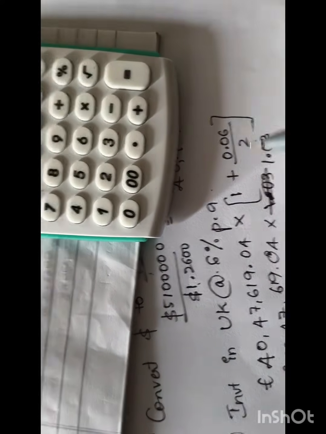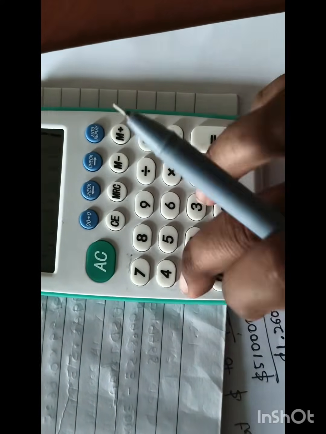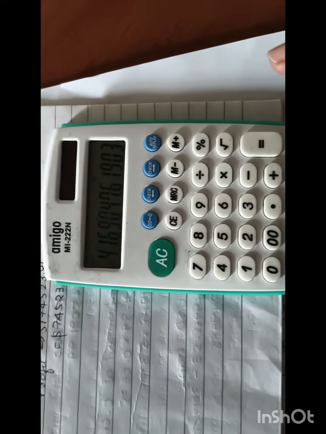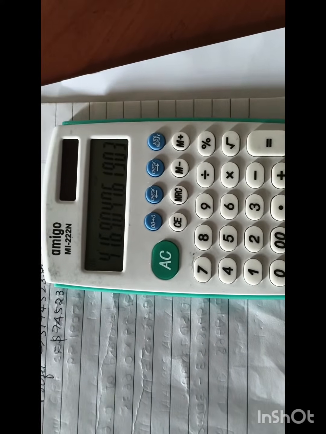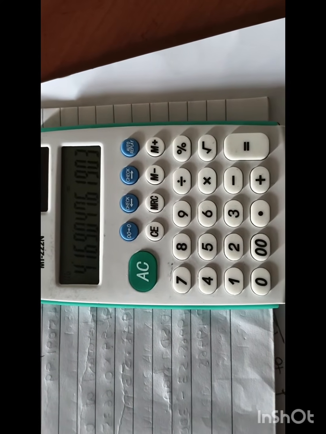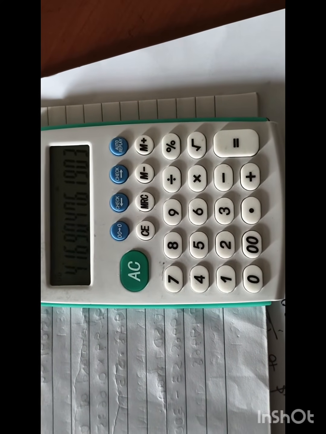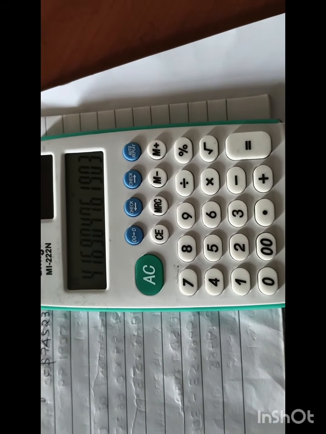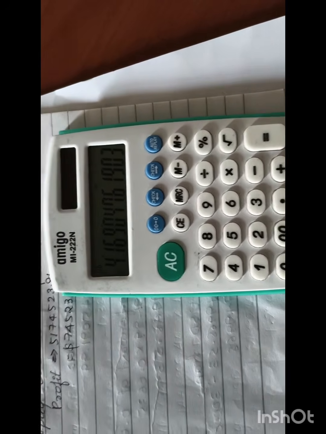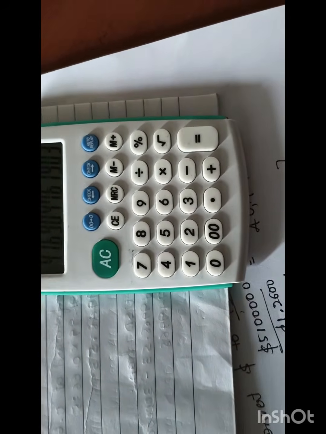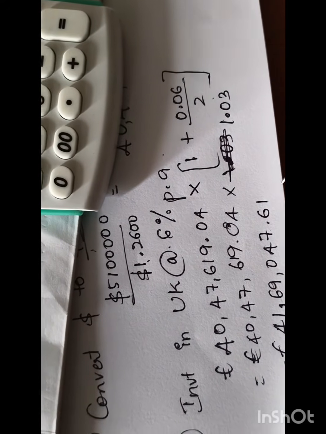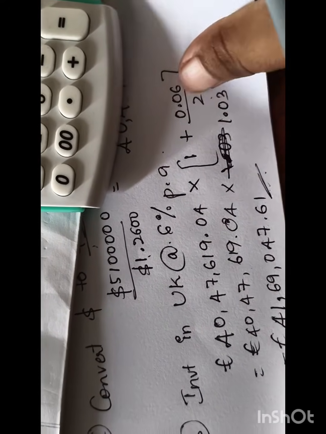So if I multiply by 1.03, I got 41 lakh 69,047.61 GBP. I got this much income after investing.